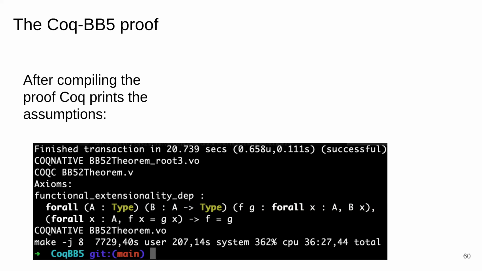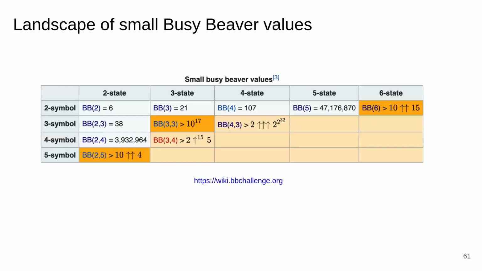It uses one axiom, which is functional extensionality, which basically says that two functions are the same if they agree on all their parameters. Actually, not using this axiom could be possible, but would require a lot of refactoring. This is because the representation of the tape that is used is a function, and you really often want to say that these tapes are the same.